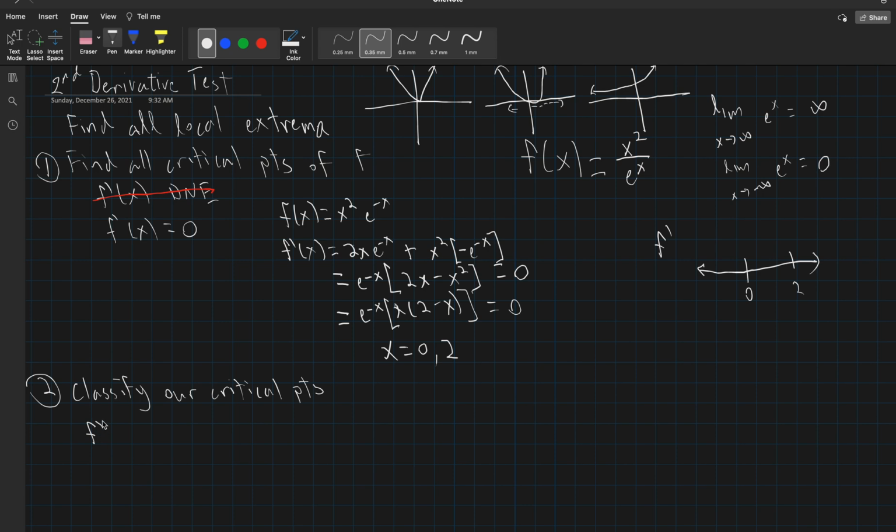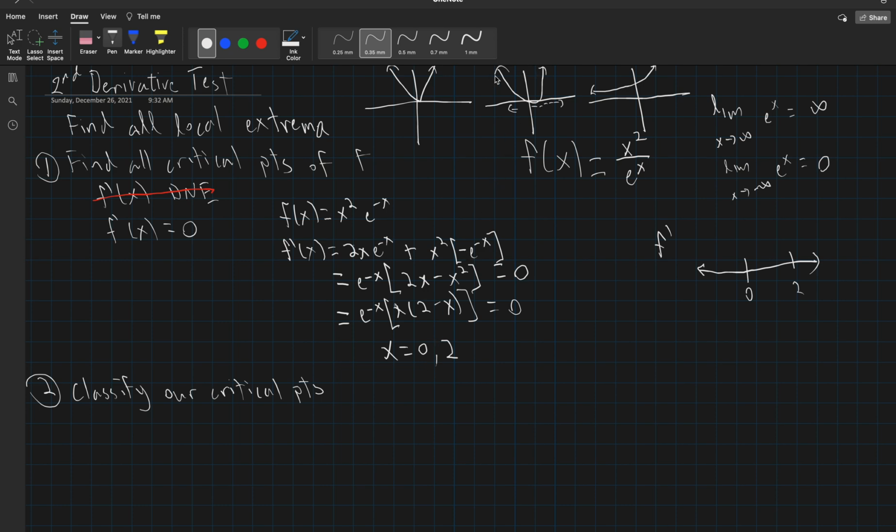So let's start out by taking the second derivative. Actually, let's first motivate why we're taking the second derivative. So right now, at x equals 0 and x equals 2, we know that the slope of our tangent line is going to be equal to 0. So what if we had information telling us that our function at 0 was concave up?